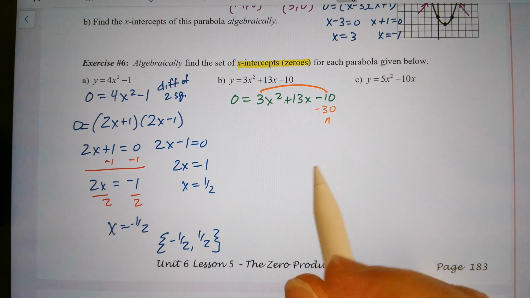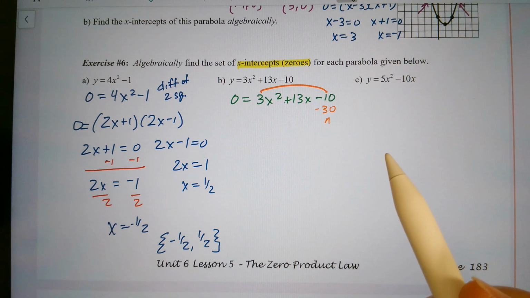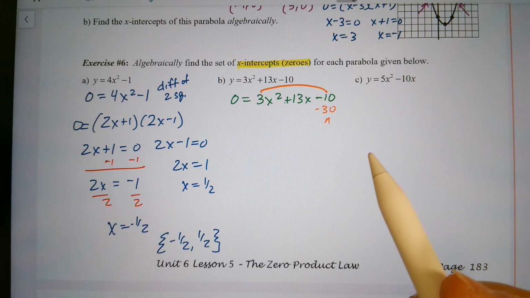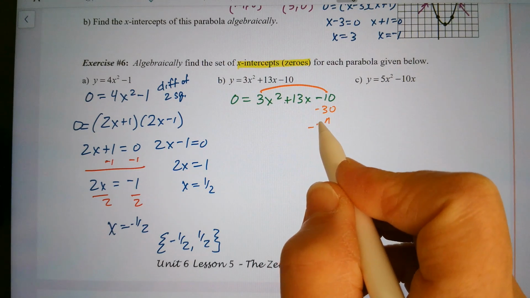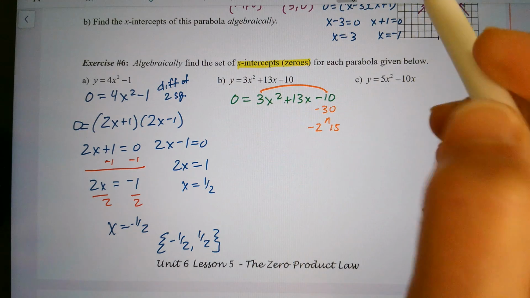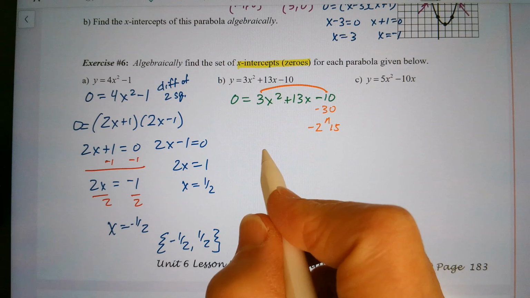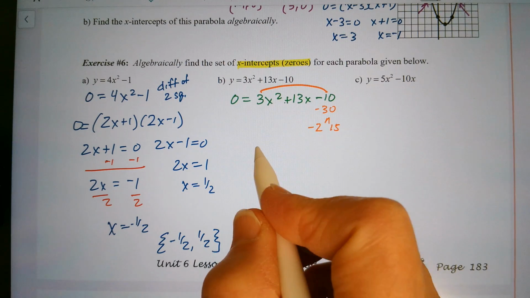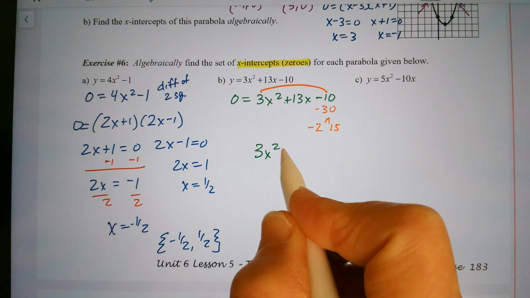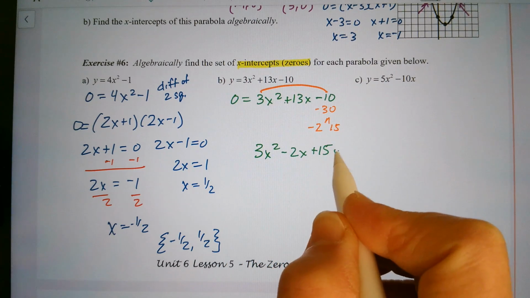The factors of negative 30 that sum to positive 13 are a positive 15 and a negative 2. So we're rewriting our trinomial as 4 terms, taking the middle term and expressing it as negative 2x plus 15x.